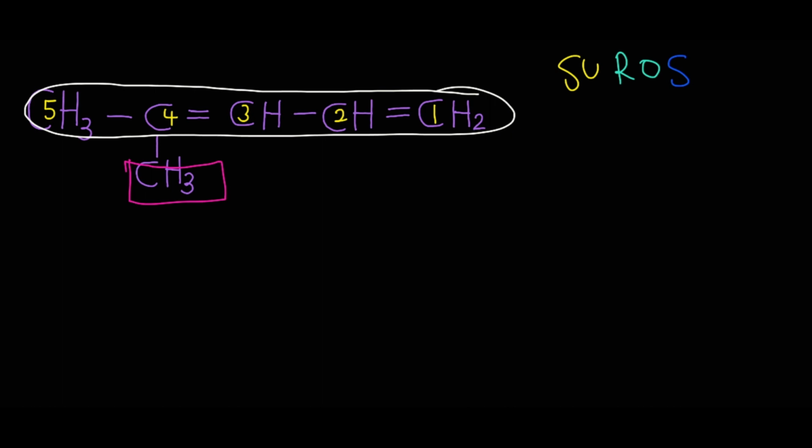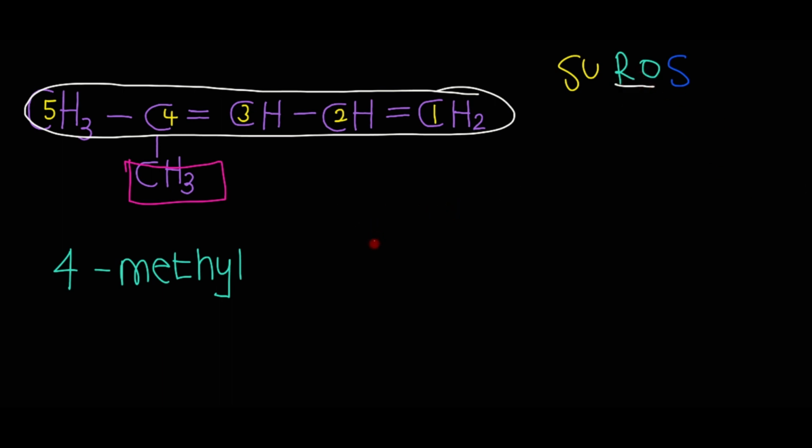This time around we have a substituent, so we need to specify it. We find it at carbon number 4. So we say 4, and then methyl, because it is a carbon and hydrogens. So we say 4-methyl, and now we move to the root.